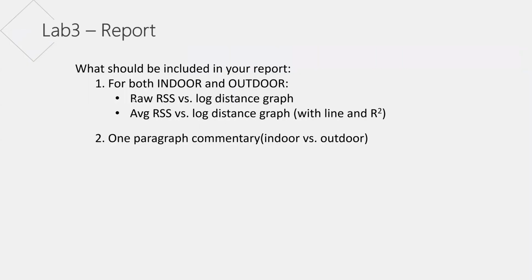At first, we are required to plot the raw RSS data on the log distance. And then we need to calculate the RSS values into the average value, and then plot them. And write down a paragraph of commentary.